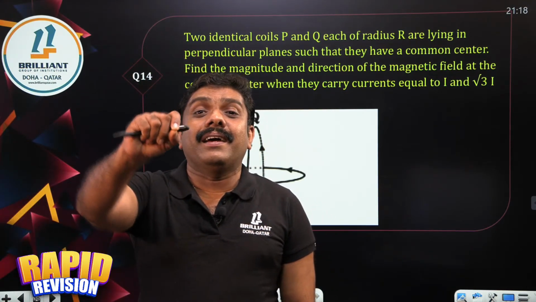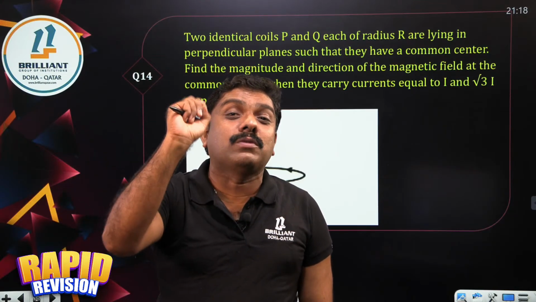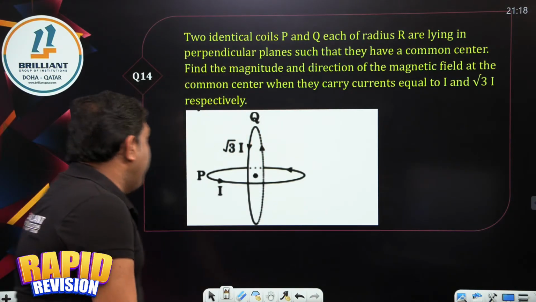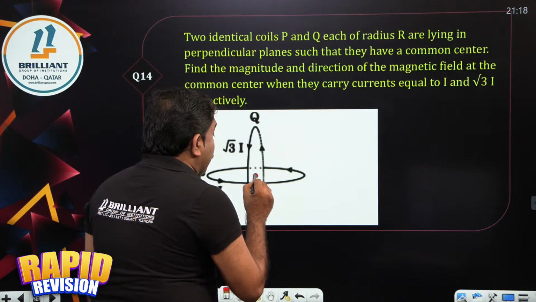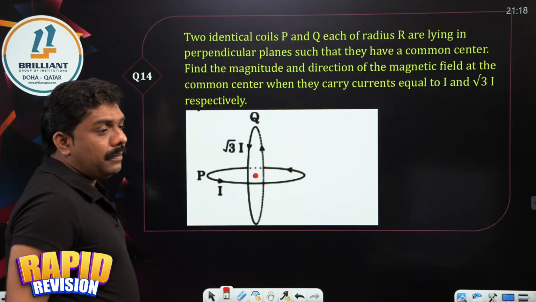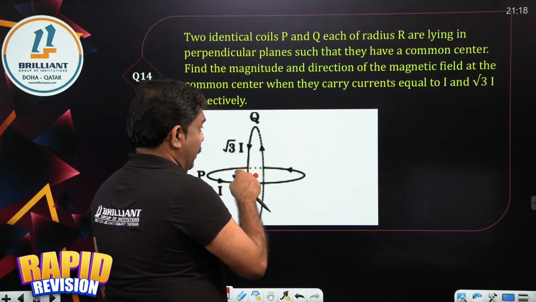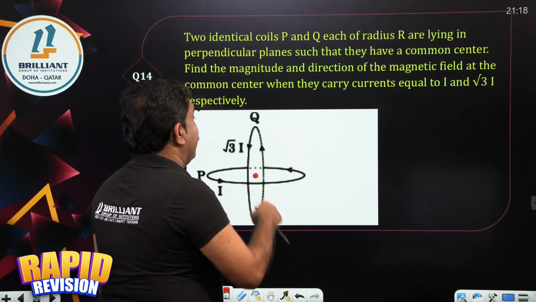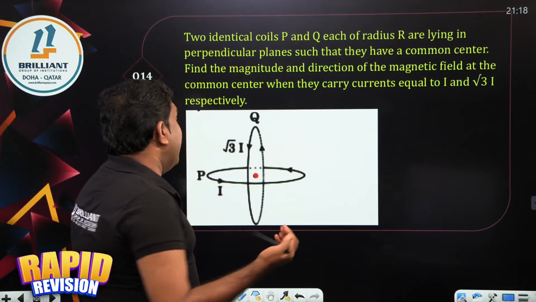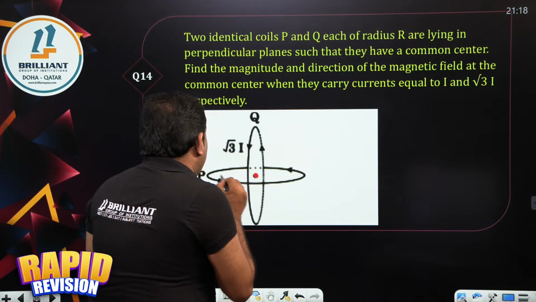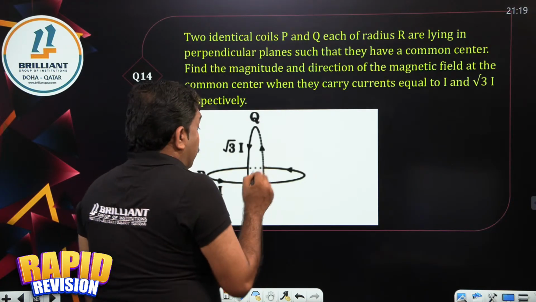So now to find the magnetic field at the common center of the two circular loops, how will we work it out? Suppose we are considering the center, there will be two fields. Two magnetic fields. Field due to the circle P. Field due to the circle Q. Because two circles, so two fields. So what is the field at the center due to the circle P? We can find the direction first.